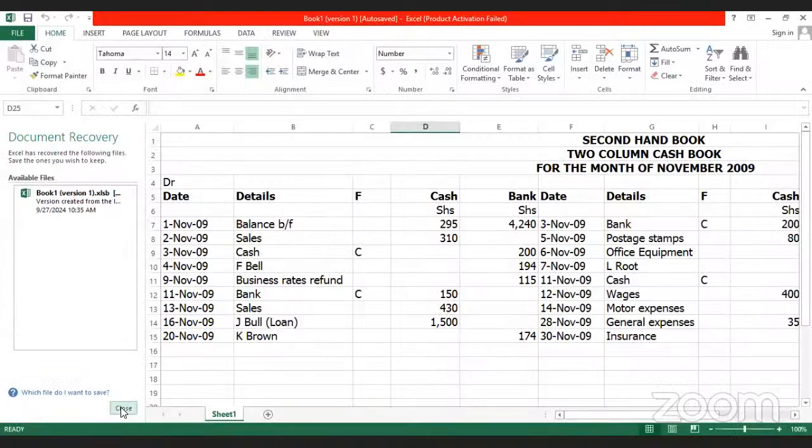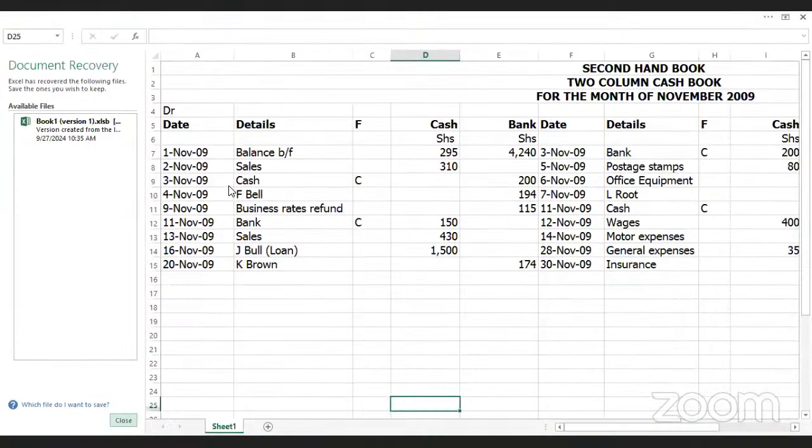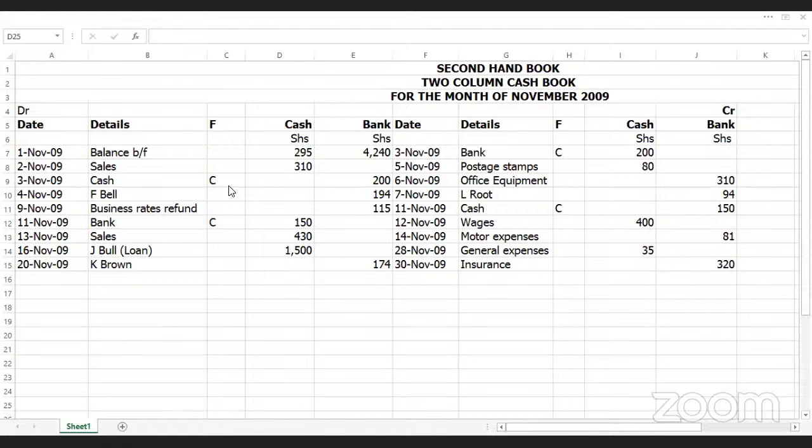So we are trying to balance up our cash book. Those on YouTube, we are back. I went off. Is the coursework marked already?